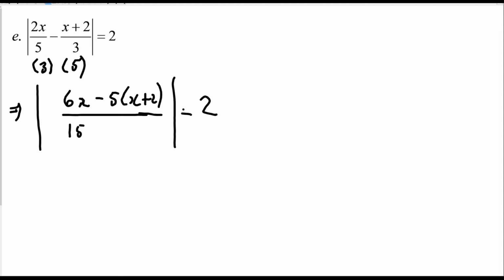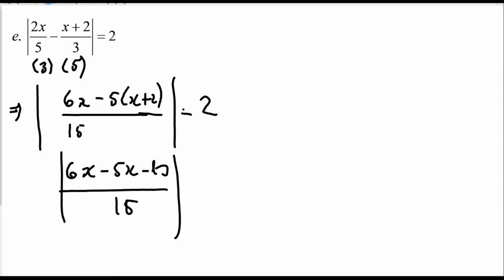Okay? Here, 2. And then (6x negative 5x negative 10) over 15 is 2. One more step here. What we have, (x negative 10) over 15. My 15 looks like 16. That's correct.